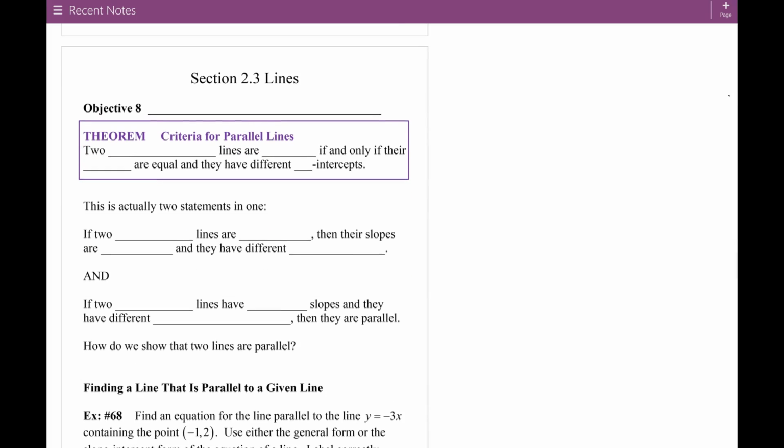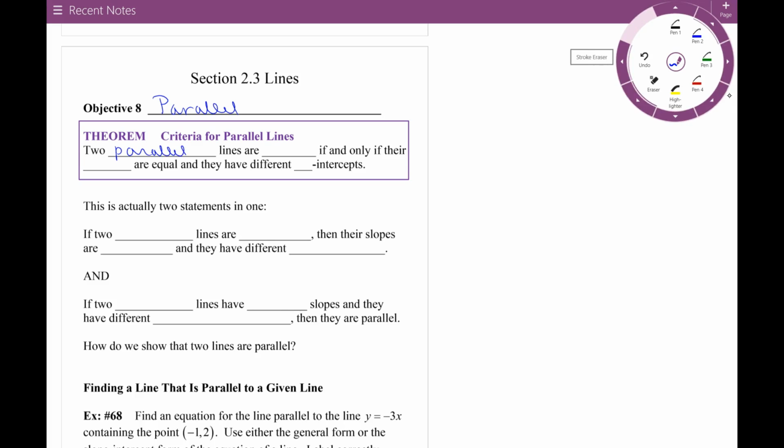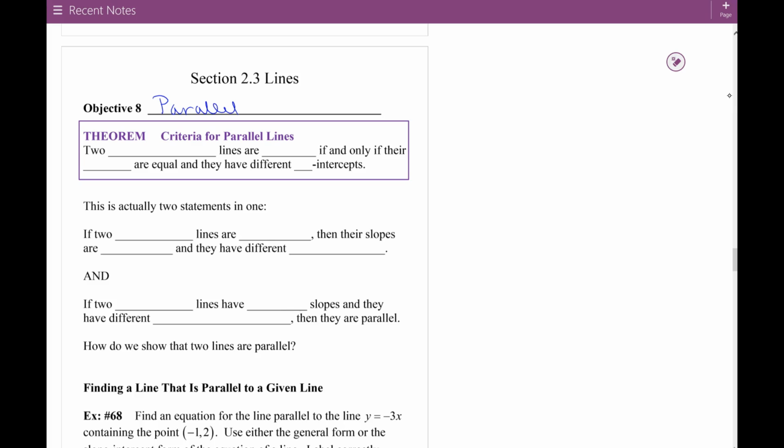And objective 8 is finding equations of parallel lines. So hopefully you recall that two parallel lines, sorry, this is again two non-vertical lines, are parallel if and only if their slopes are equal and they have different y-intercepts. So this is actually two statements in one.